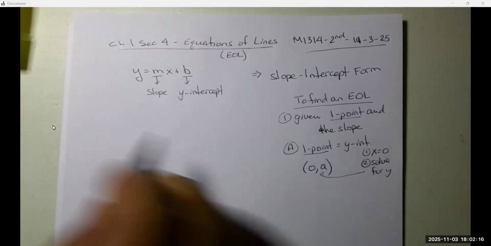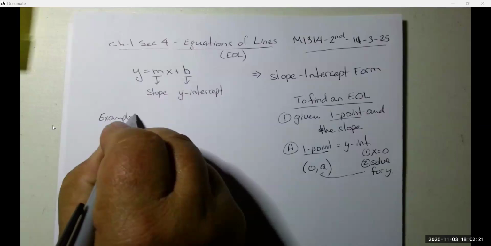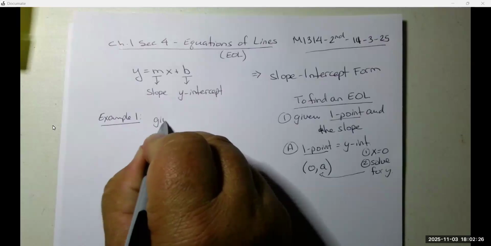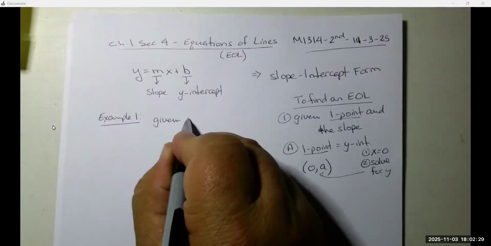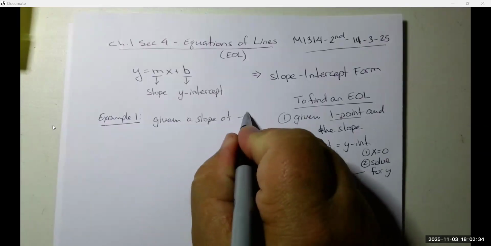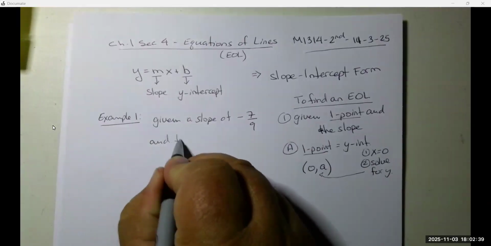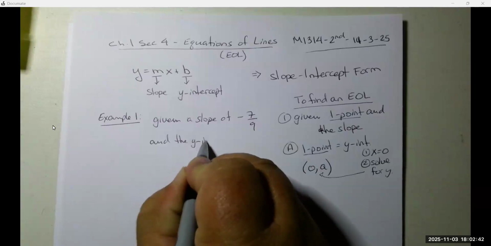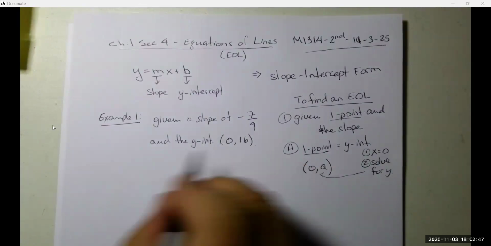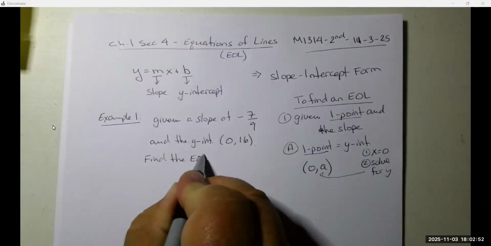All right, so let's find the equation of line. Here's the first example. Given a slope of -7/9 and the y-intercept 0, 16, find the equation of the line.